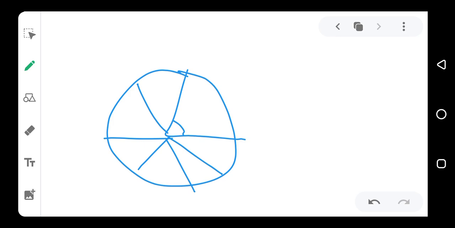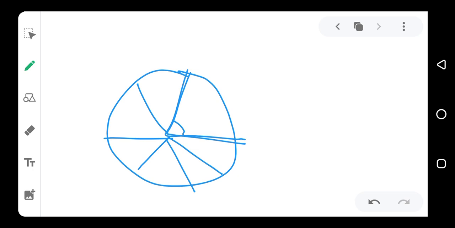So that is a way of representing data using pie charts. We create a circle and create pieces or sectors inside the circle, and each of the sectors will have a size that is equal to the size of the data we are representing.